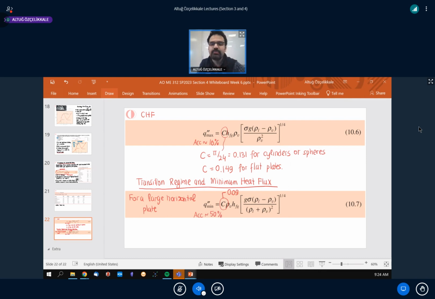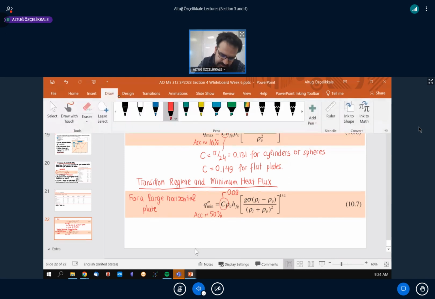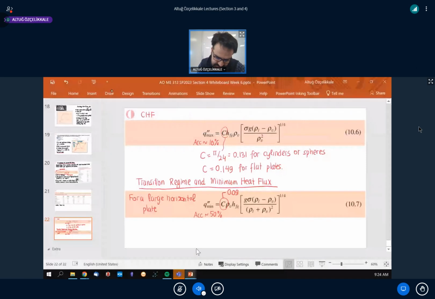You get kind of a ballpark estimate of the minimum heat flux. Why is this important? Let me motivate you by writing just under that. When this heat flux drops below this minimum heat flux, the vapor film in the film boiling is going to collapse, and we are going to reestablish nucleate boiling.